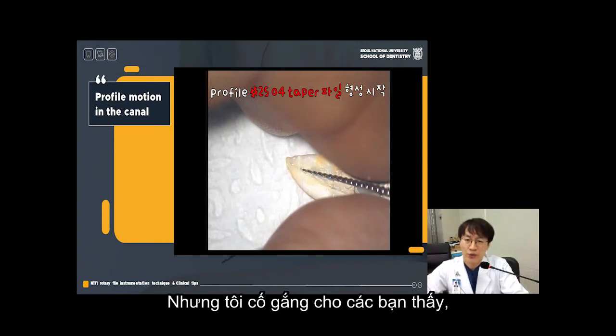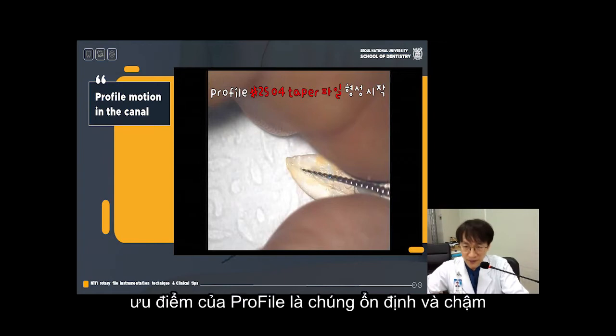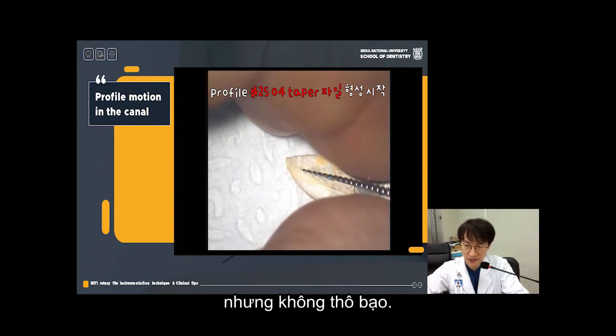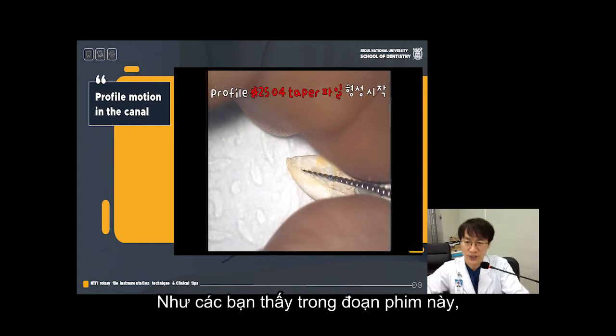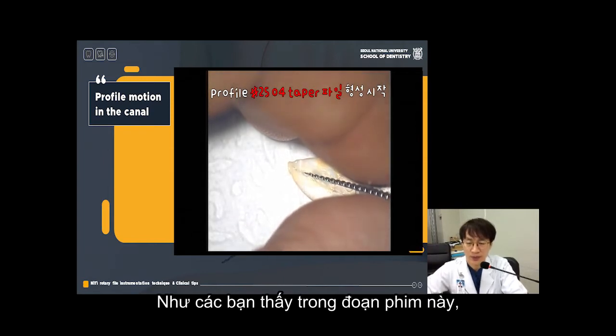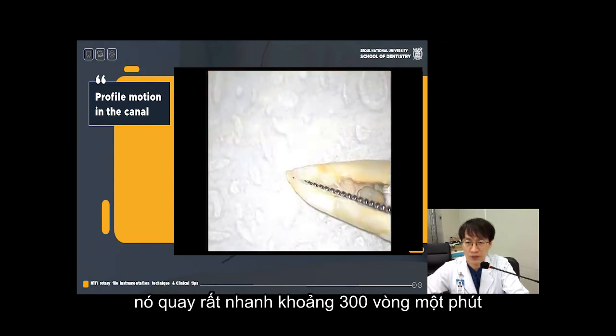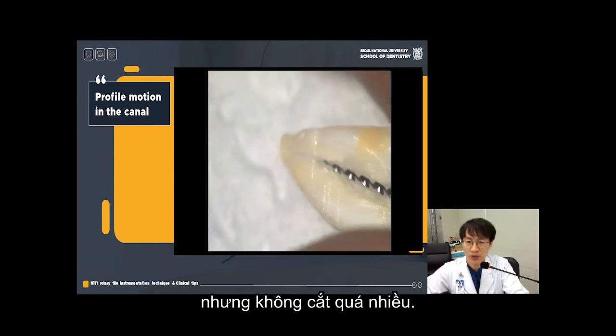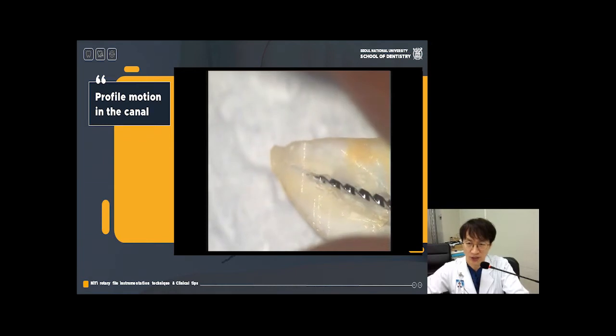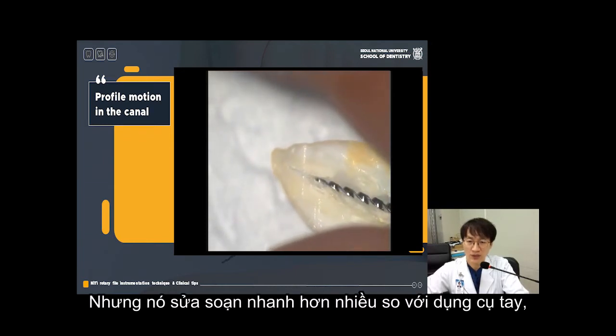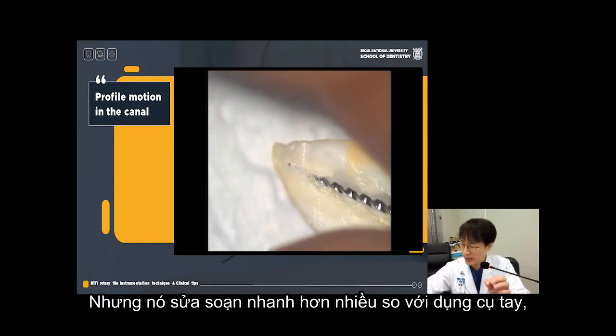But I tried to show you that the advantage of ProFile is that it is really steady and slow, not aggressive. Like you see in this movie clip, it works really fast at 300 RPM, but it doesn't cut that much. But it works much faster than your hand instrumentation.